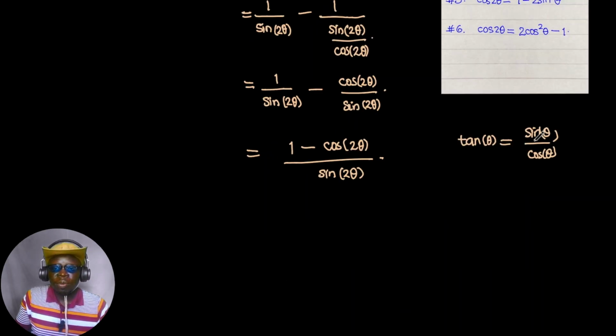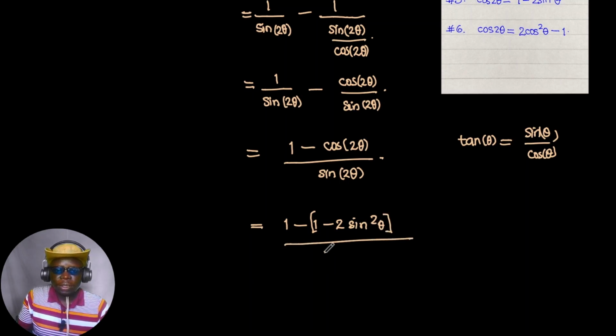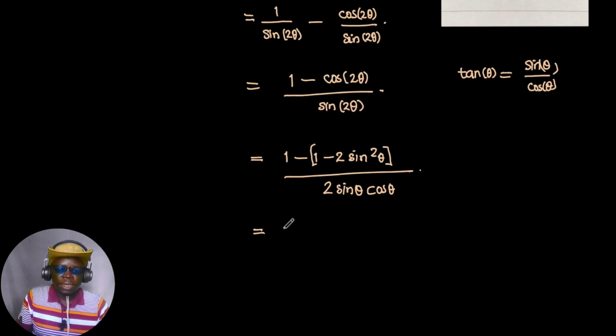Now, since we need sine in the numerator, we can also take this expression which contains sine. So 1 minus, and we need to have this in brackets because the whole of this is subtracted away from this 1, so we have minus 2 sine square theta. And after that, we divide this by, also replacing this by, 2 sine theta multiplied by cos theta. So after that, we can open up the bracket in the numerator and you can see that 1 is cancelling out because this is positive and we have here negative 1.